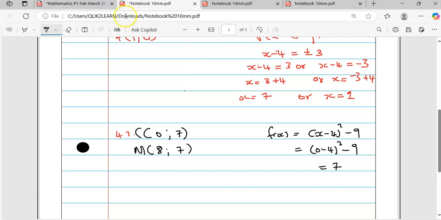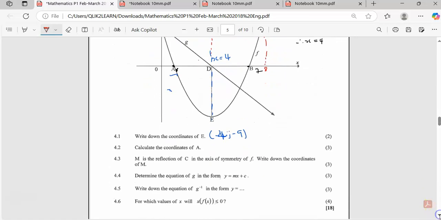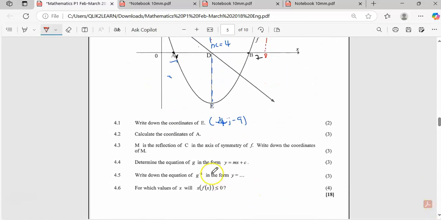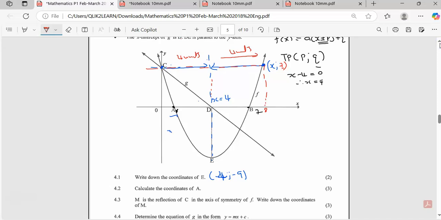Right. So now I want us to go to 4.4. Now they want us to find the equation of G in the form y is equal to mx plus c. To find the equation of G, we need the coordinates of C and the coordinates of D, then calculate the gradient.